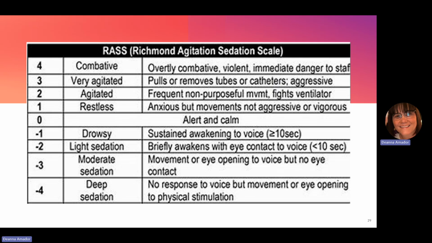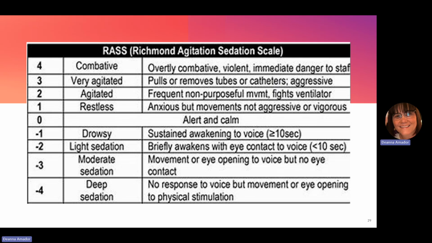So if I had an order for a propofol drip and they said to titrate my drip to a RASS of 0, and my patient was flailing in the bed, coughing, breathing very, very fast on the ventilator, moving, trying to pull tubes out, they would be up here, like a 3 or a 2.